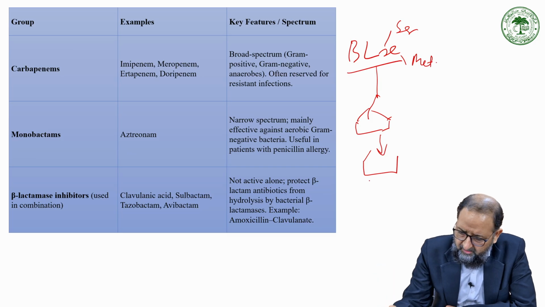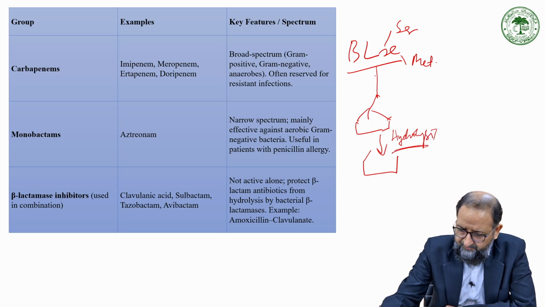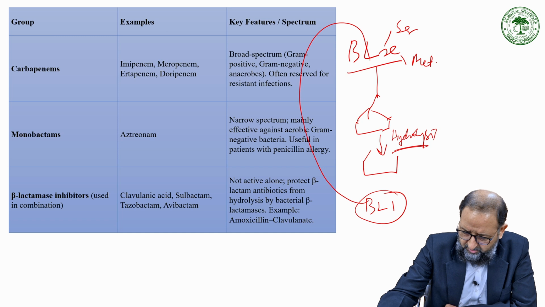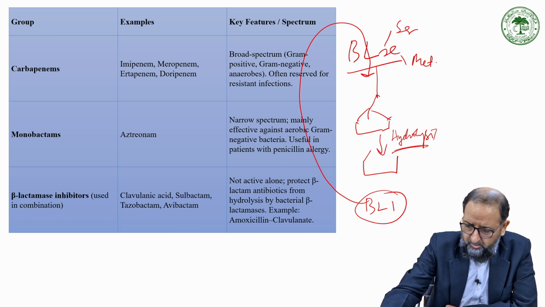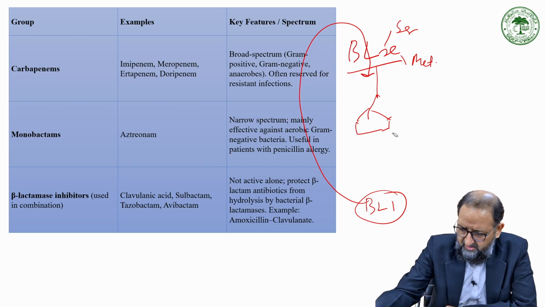Now, this hydrolysis is taking place because of this enzyme. So what does the BLI do? BLI blocks this, and by blocking this, it protects from this hydrolysis, right? It protects from this hydrolysis, and the antibiotic will remain intact.